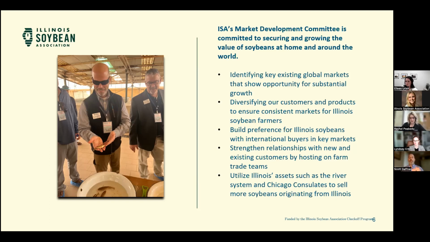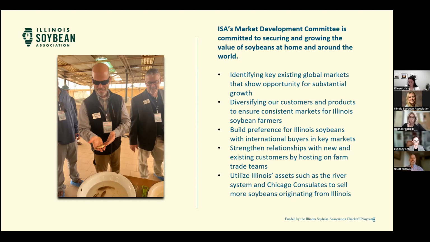But for us to be able to utilize an asset such as the consulates to advocate for U.S. soybeans, to explain to them how we can bring that commodity into their area and be a positive feed source, protein source for them, is such a great thing that we can take advantage of. And I know Eileen's going to be working on that throughout this year to develop these relationships with the consulate in Chicago. So we're very excited to hear about that.